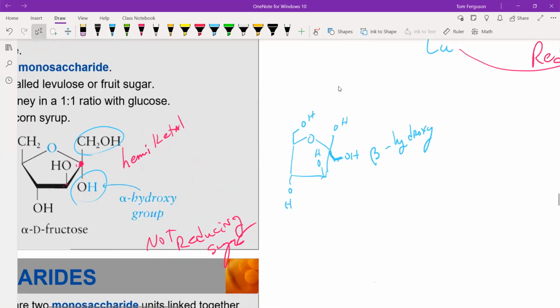And what does that look like when it opens up? Hemiketals can open up as well as hemiacetals. It's just that it doesn't expose the aldehyde, it exposes a ketone. And as you know, ketones cannot be oxidized. So what does it look like?